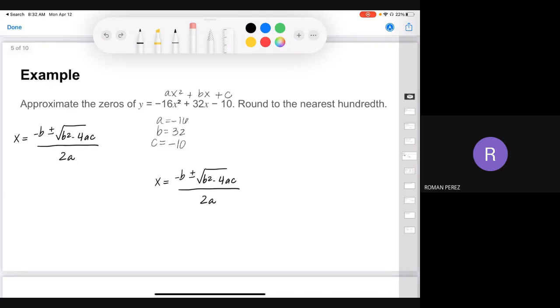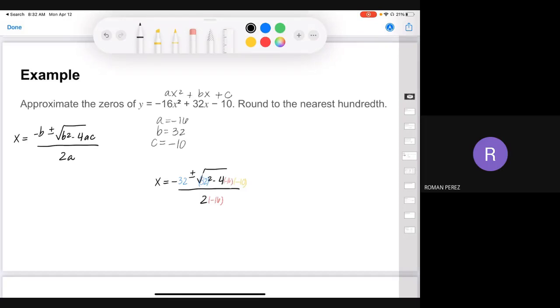I'm going to start with my A. A is negative 16, so I'm plugging in negative 16. B is 32, so I'm plugging in 32. And then C is negative 10, so I'm plugging in negative 10. And the reason this stays minus.